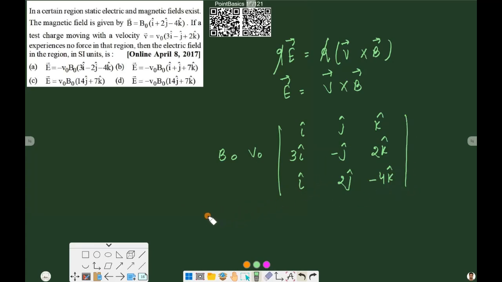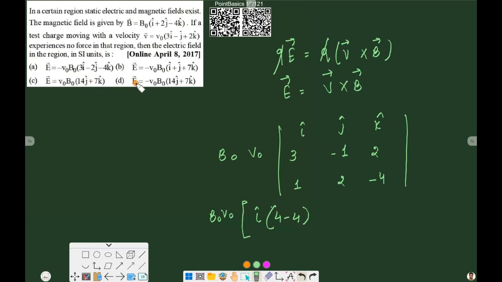So taking the cross product, outside we have B naught, v naught. I times, sorry, we have to take only the magnitude here, not the vector form. So it will be 1, minus 1, 3, minus 1, 2, 1, 2, minus 4. So i times 4 minus 4, so we are not going to have an i component in the electric field.